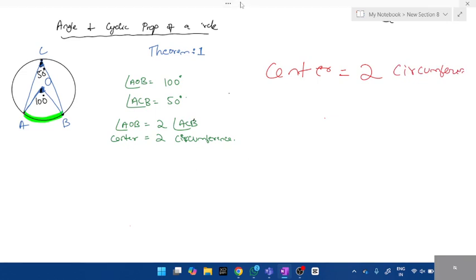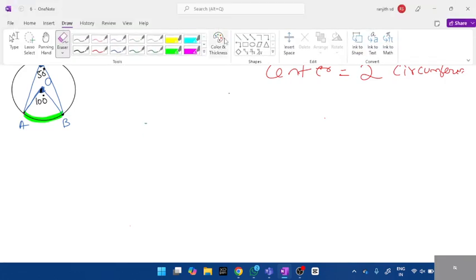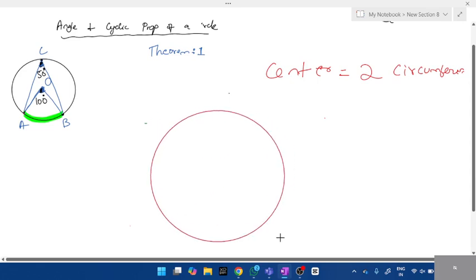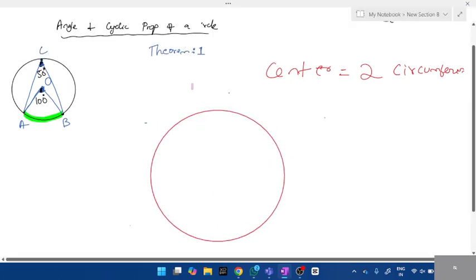Okay, now one more question. Same circle, it should touch from the arc. I'll draw an arc here.